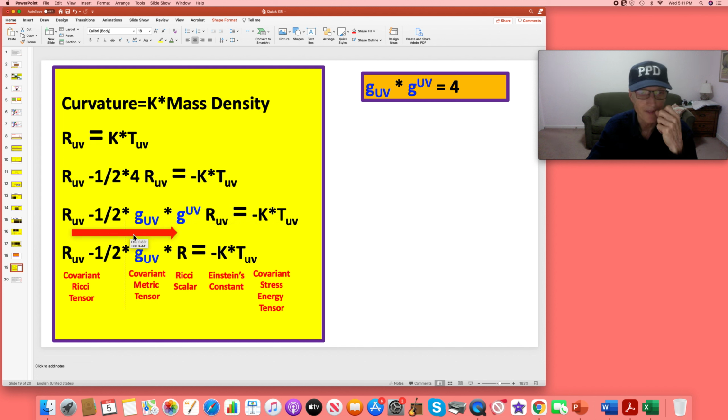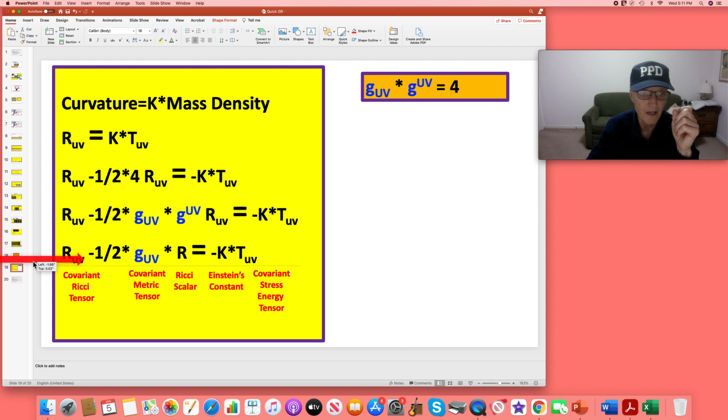Now, what's very, very interesting is that when you multiply a tensor like R subscript UV by G with a superscript UV, the derivatives cancel out between G and R, and you just get R as a scalar version of R, okay?